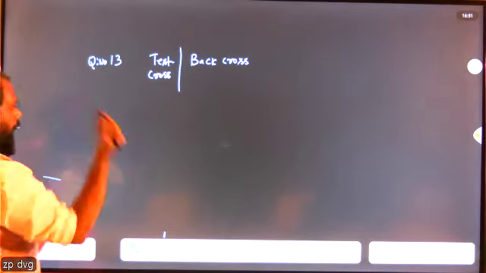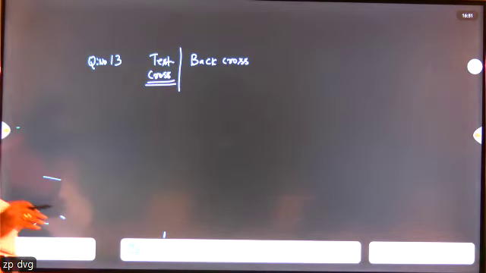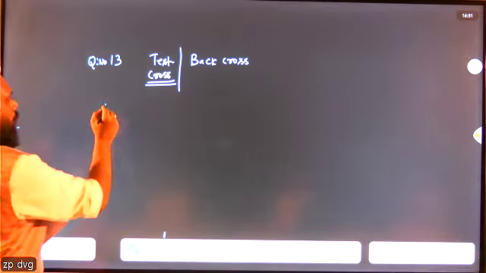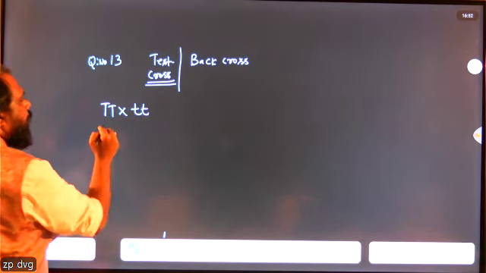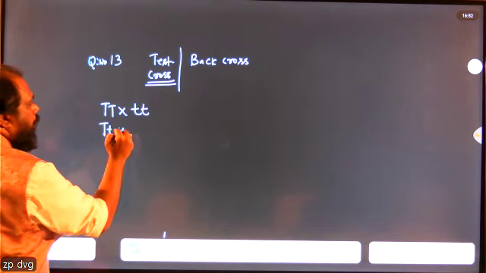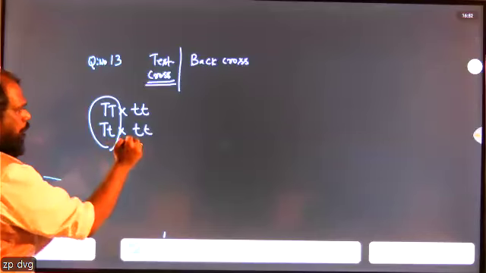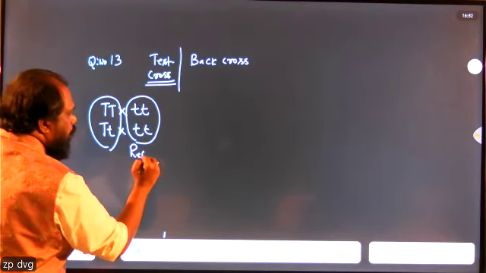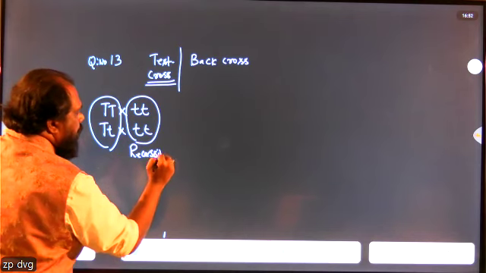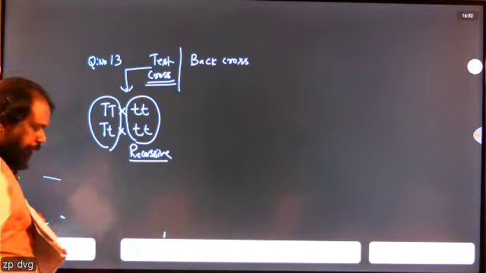Test cross is any individual crossed with a recessive parent only. See, for example, capital T crossed with small t. It may be any individual, but the individuals are crossed with the recessive. Here the word is what? Recessive. Then that particular cross becomes a test cross.